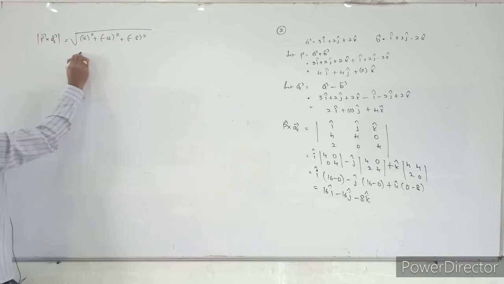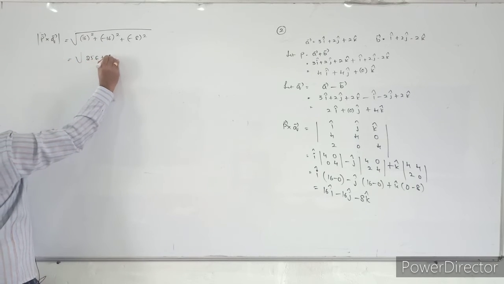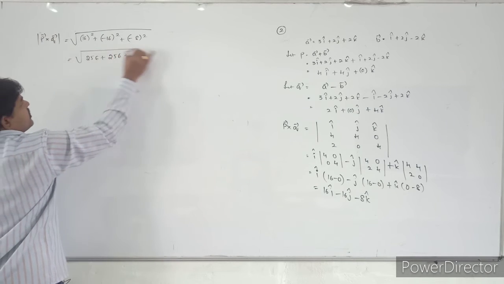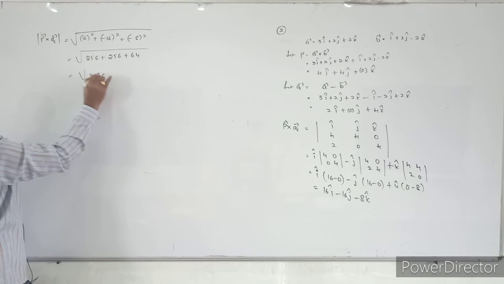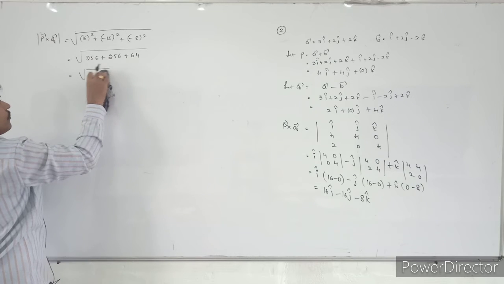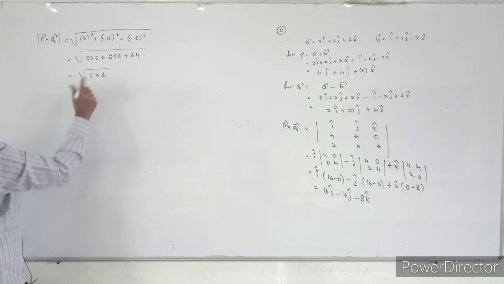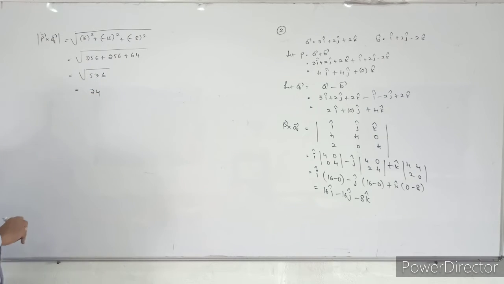That is root of 256 plus 256 plus 64. Just add the terms here, that is root of 576. 576 is 24 whole squared, so it becomes 24.